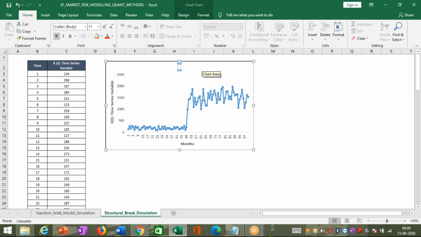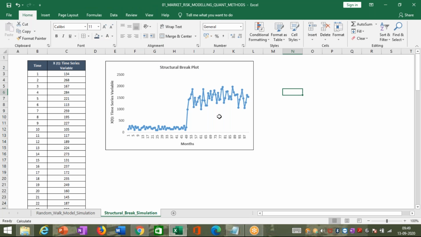Okay. Now the next question is, so this is the structural break block. Right. Now let us see.